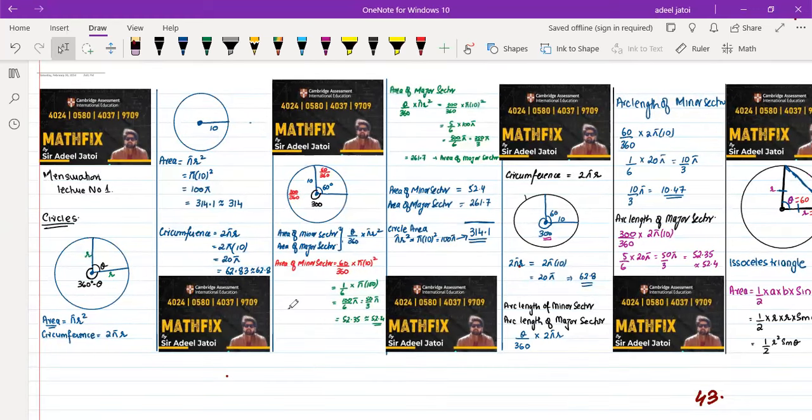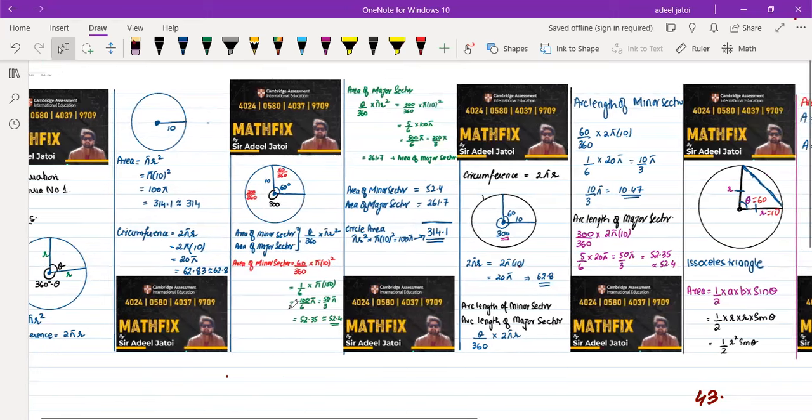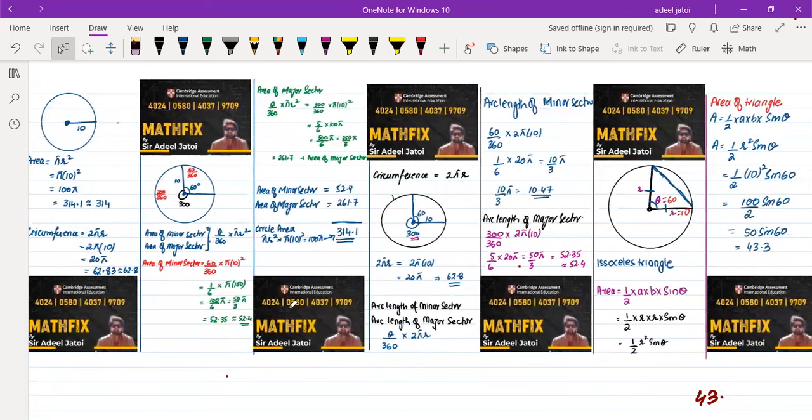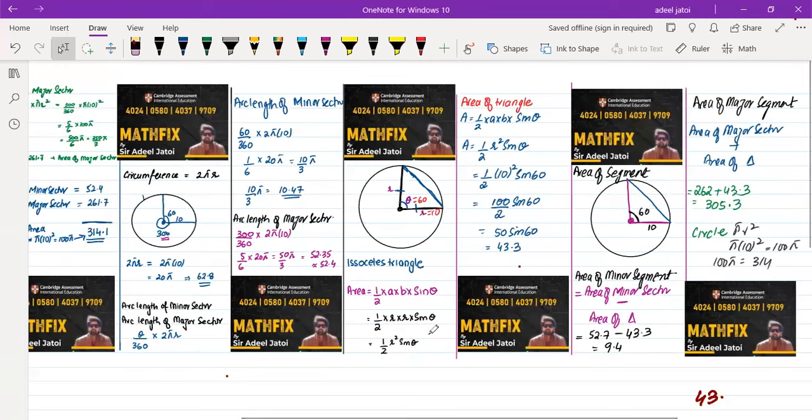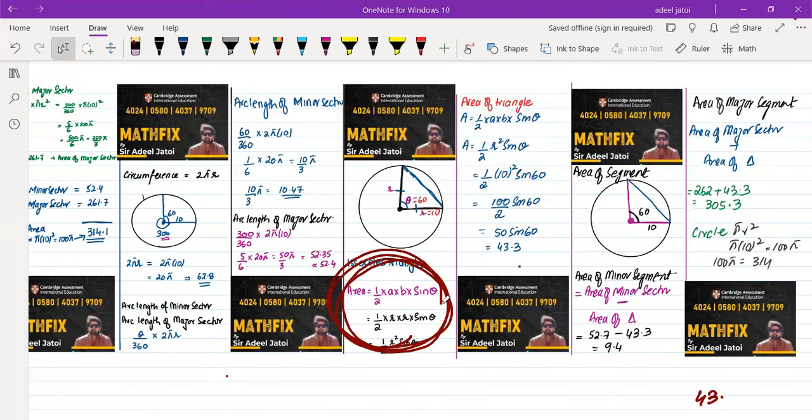So the entire part of the circle is done here, where we worked upon the area of the major sector and the area of the minor sector, which came through the formula theta upon 360 into pi r square. Then we worked upon the arc length of the major and the minor, that was theta upon 360 into 2 pi r. And then we worked upon the area of the triangle, which was half r square sine theta.